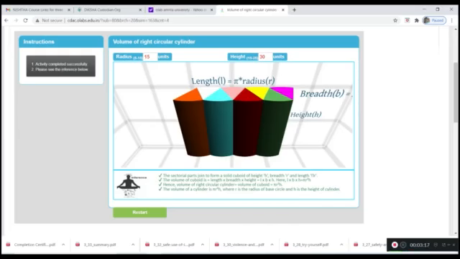So the volume of the cylinder is equal to the volume of this cuboid, that is length into breadth into height. So pi r into r into h. So that is pi r square h. So here by this experiment we proved that the volume of the cylinder is pi r square h.